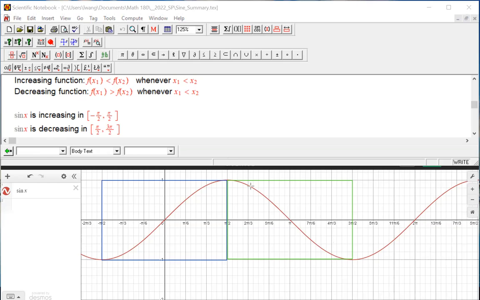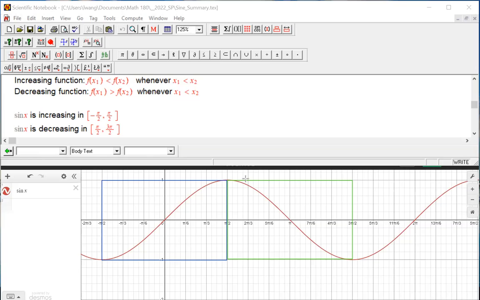So increasing, decreasing. Between increasing and decreasing, there's a transition point. And that point, in this case, is the highest point in this local area. And of course, this is also one of the highest points on the domain of sine. You're going to learn about this. They will be called maximum, minimum, right?